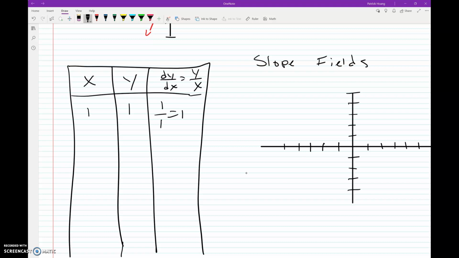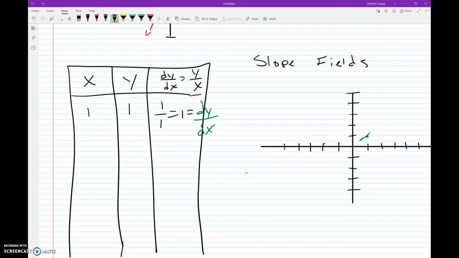This is telling us that dy dx is equal to 1. Well, what does dy dx represent? Dy dx represents the slope. This is telling us the slope at this point, 1, 1, is 1. Well, on the graph, 1, 1 is right there. And if the slope is 1, it should look something like that.